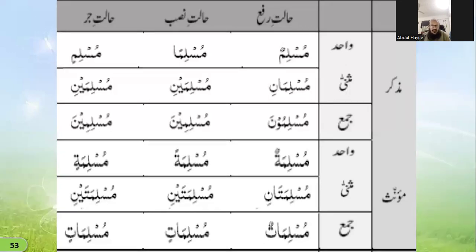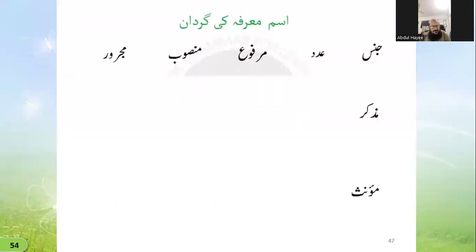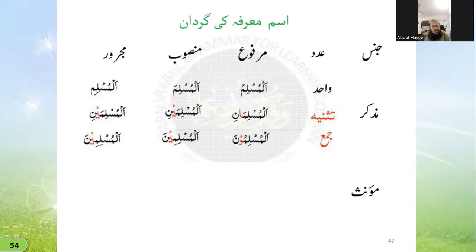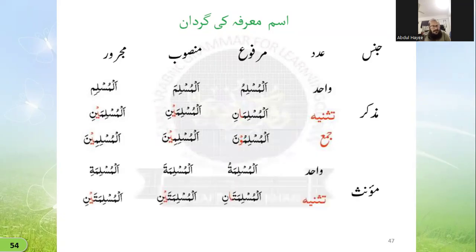And they are all nakira. What about the ma'rifa? Put alif lam with all, just like al-muslimu, al-muslima, al-muslimi. For dual, al-muslimani, al-muslimaini. For plural, al-muslimuna, al-muslimina. For the feminine, al-muslimatu, al-muslimata, al-muslimati. Dual, al-muslimatani, al-muslimataini.